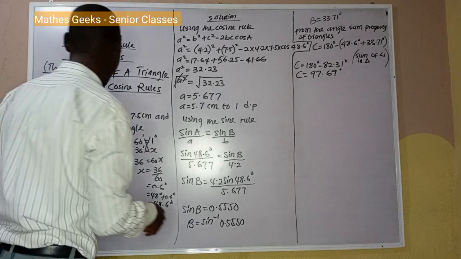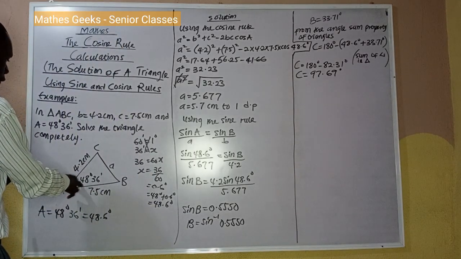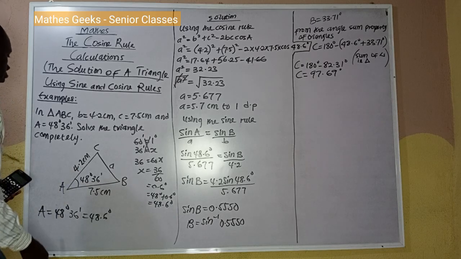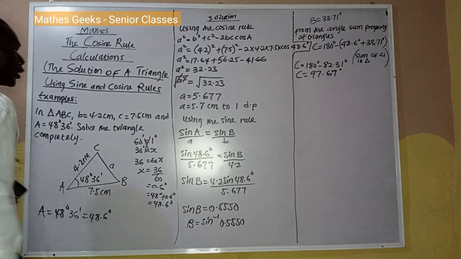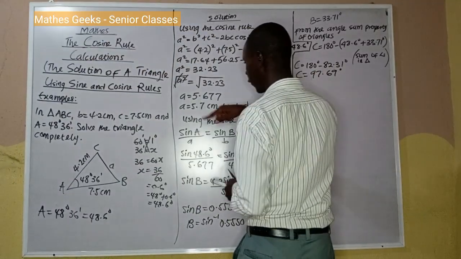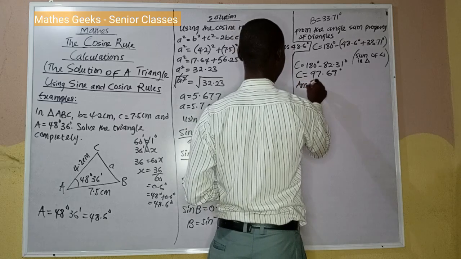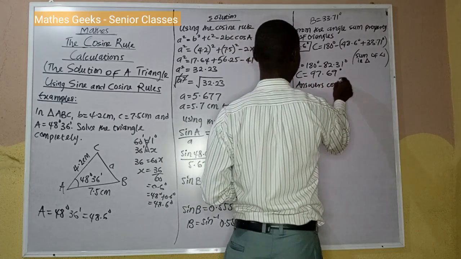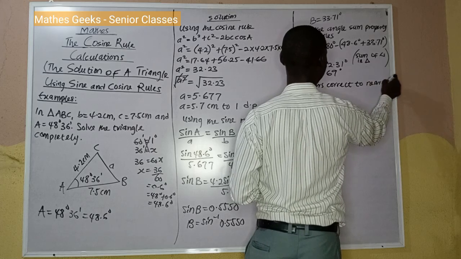These are final answers, but discover that the angle that was given to us in the question was in degrees and minutes. So we must leave our final answers in that form as well. So answers correct to nearest minute.